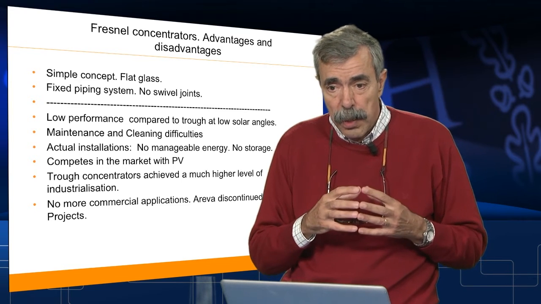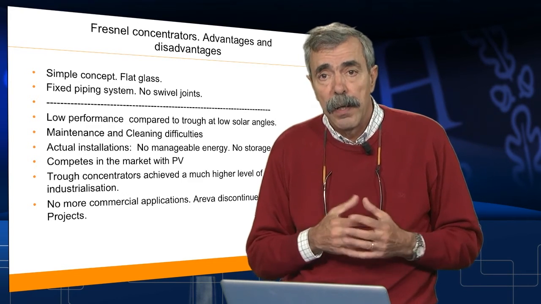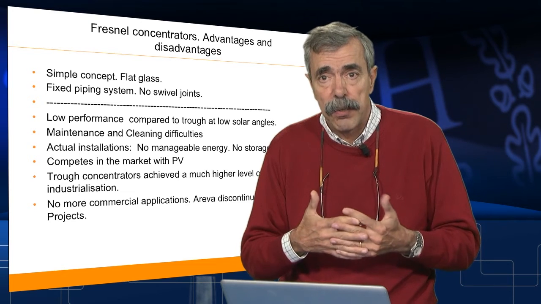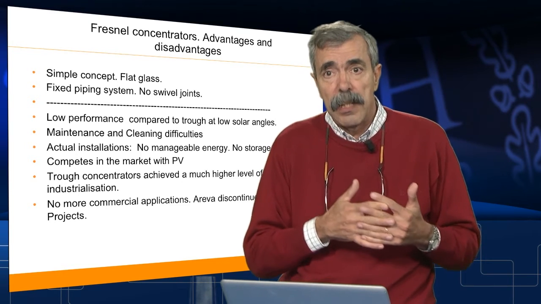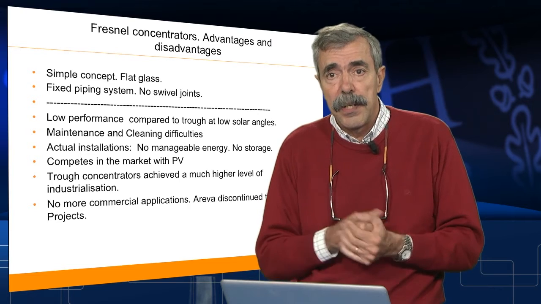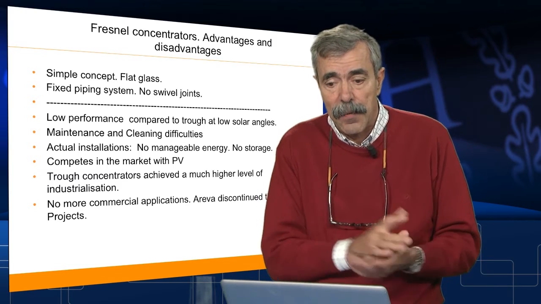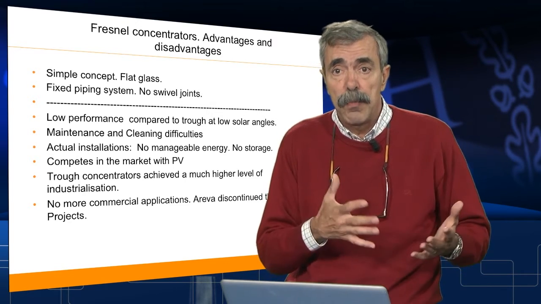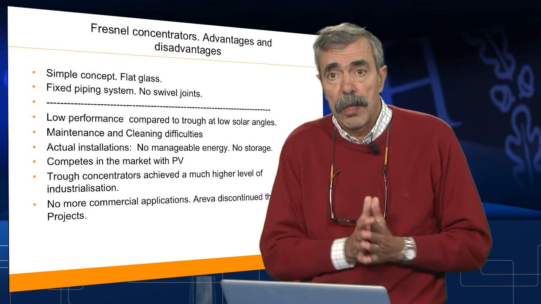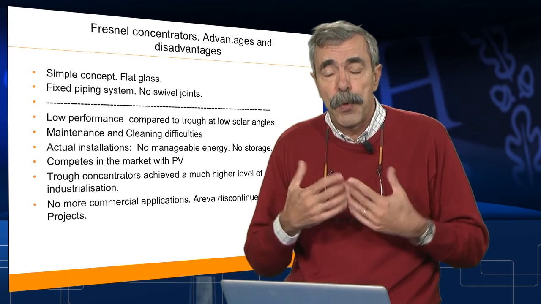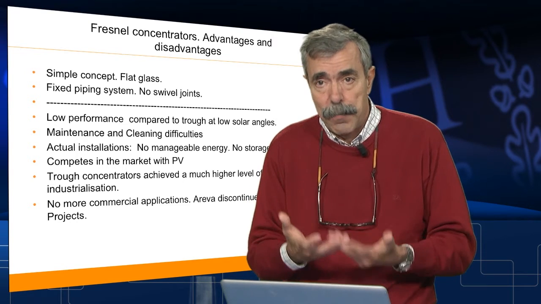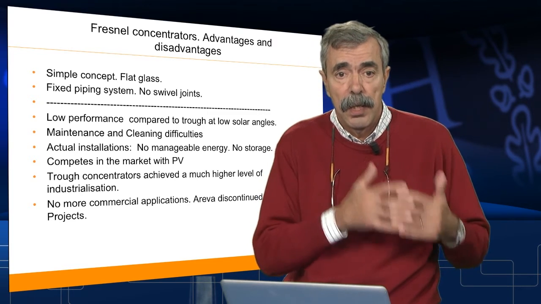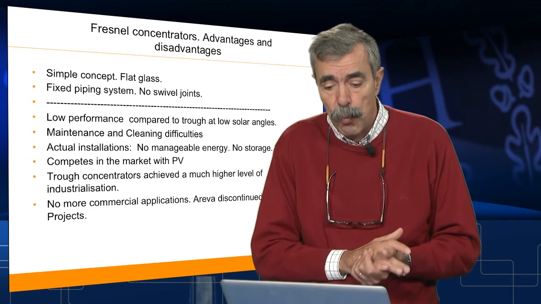Mainly just because the parabolic trough is much more popular, and has already passed through a process of industrialization that makes the price very competitive compared to the unitary price of making a Fresnel concentrator, which in theory could be cheaper, but in practice is going to be more expensive, because the parabolic trough has been produced in such huge amounts that the level of industrialization has already been achieved, and they can offer those devices at very, very low prices.